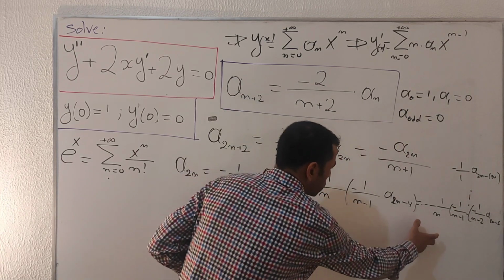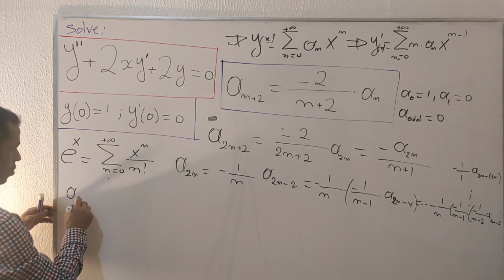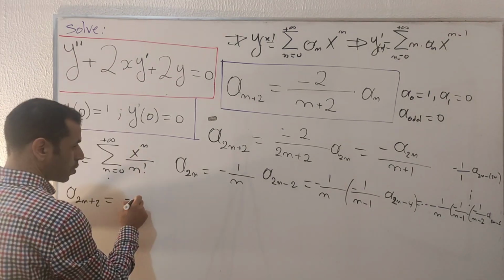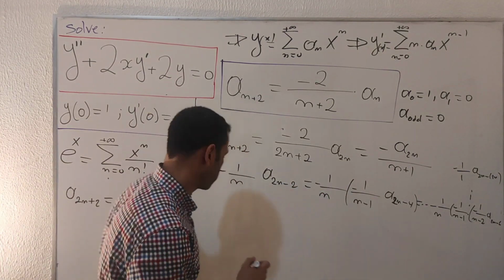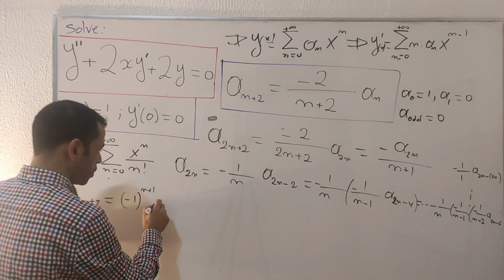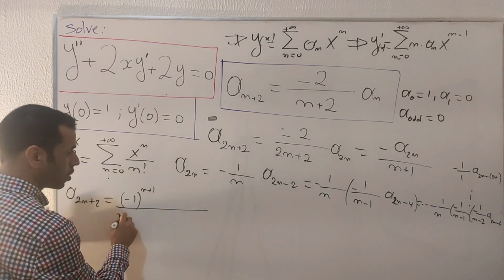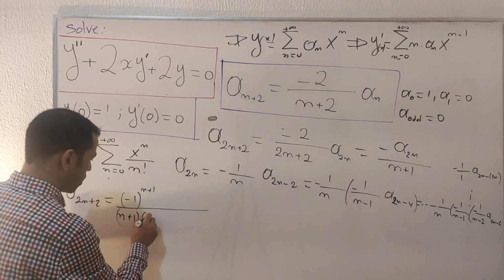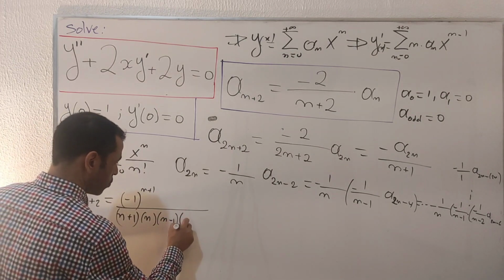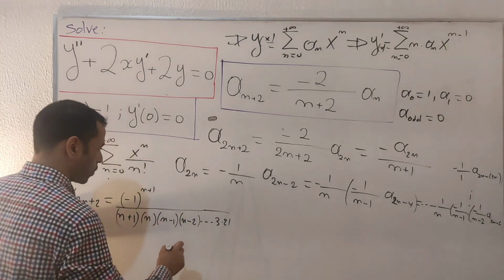So if I put the stuff together, I get e sub 2n plus 2 equals, with this minus 1 multiplied by minus 1 becoming minus 1 to the n plus 1, divided by n plus 1 multiplied by n multiplied by n minus 2, and all the way down to 3 times 1.